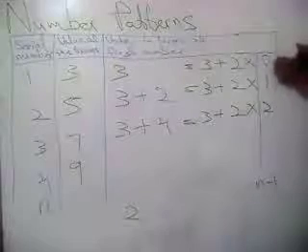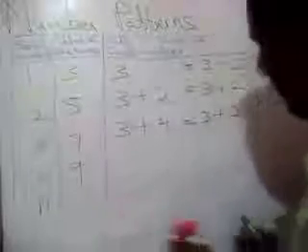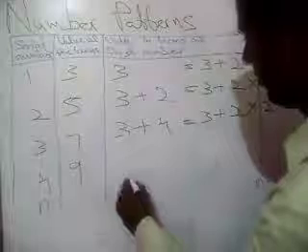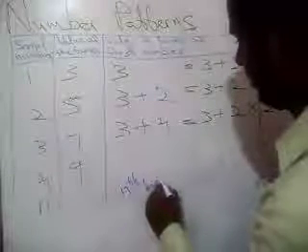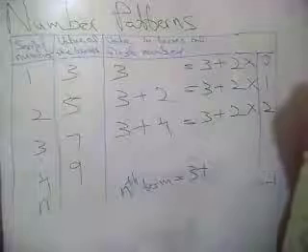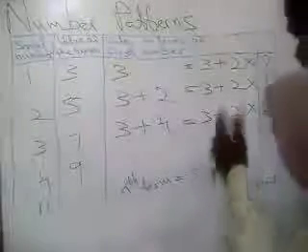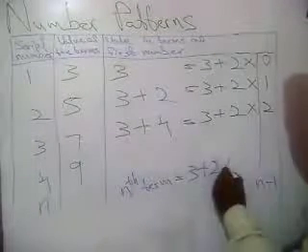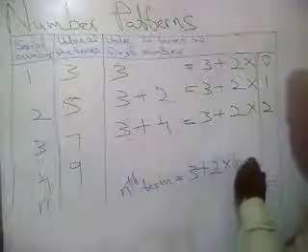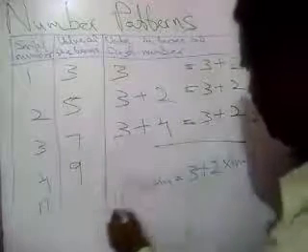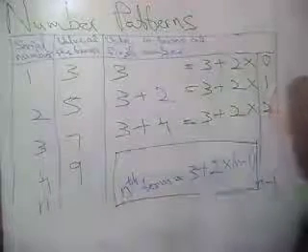We call this the nth term, or the general term, and it always equals the first term plus, here we have 2, the difference between two successive terms, 2 into n minus 1. So this is the general term of this number pattern.